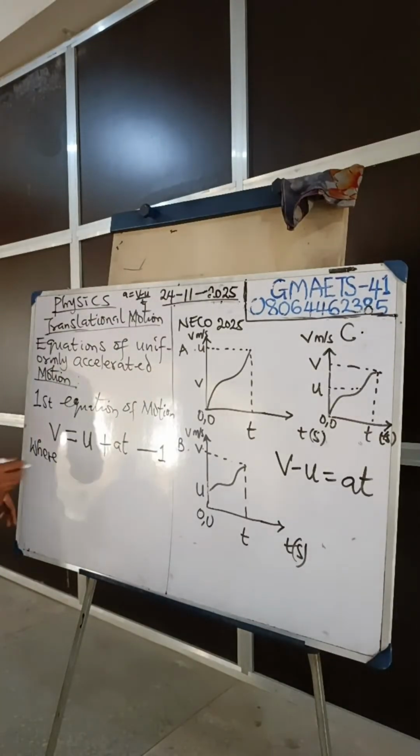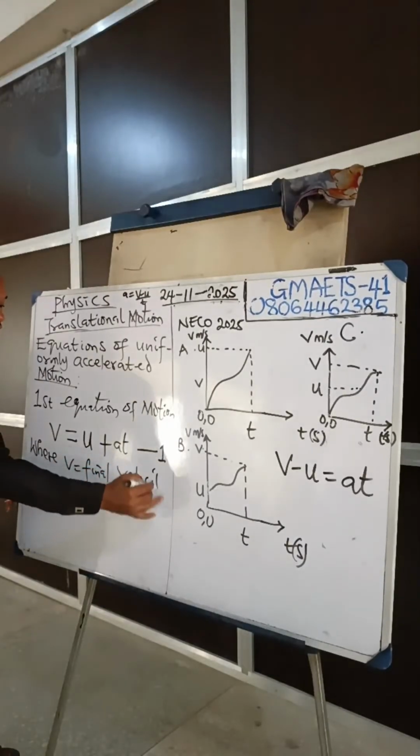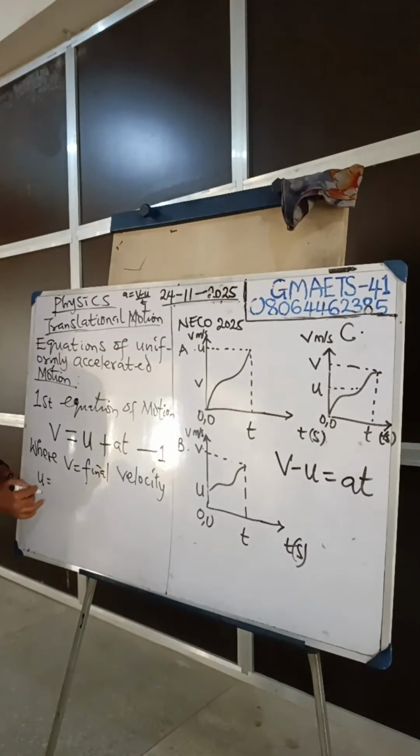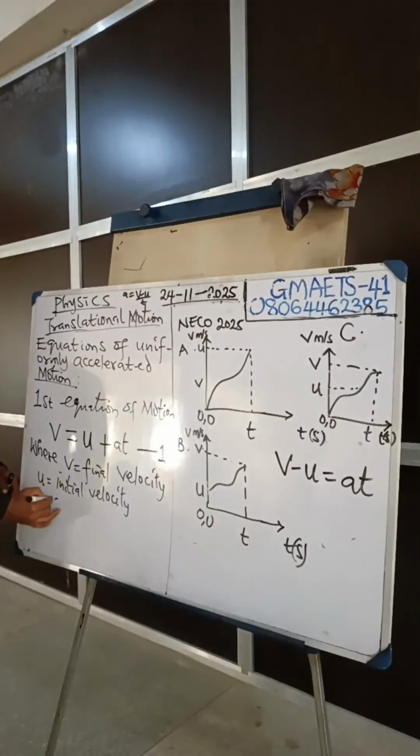V is equal to final velocity. What's the meaning of U? Initial velocity. What's the meaning of A? Acceleration. What is the meaning of T? You are very correct.